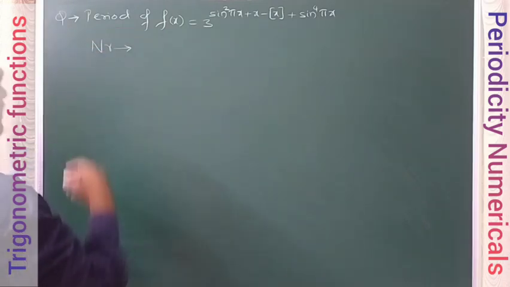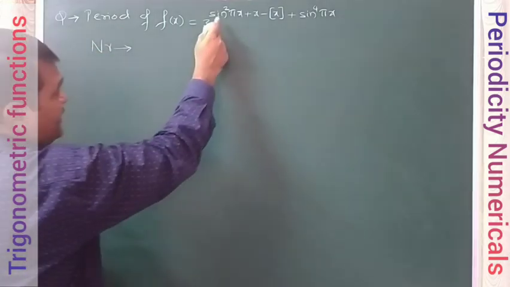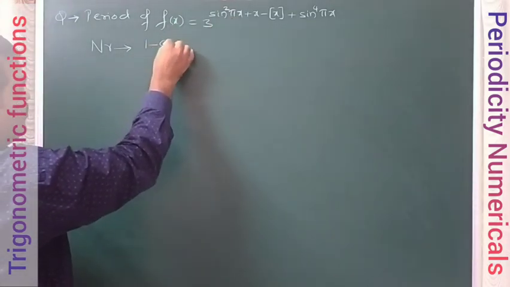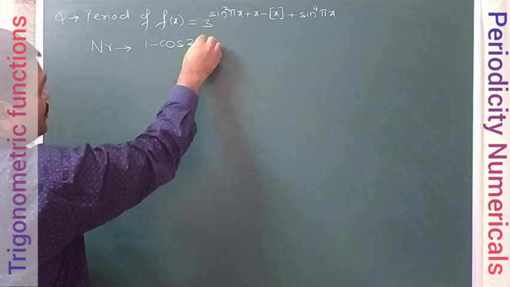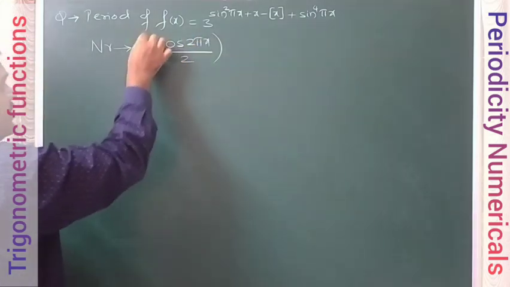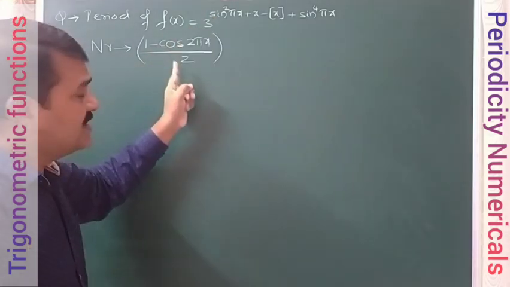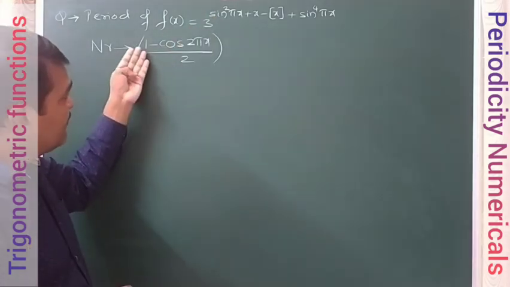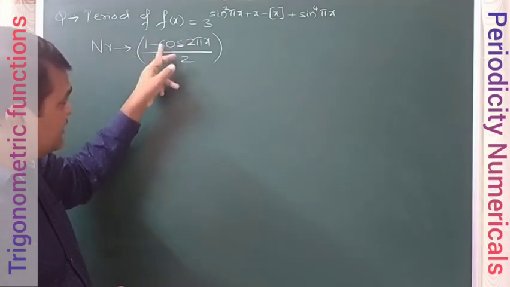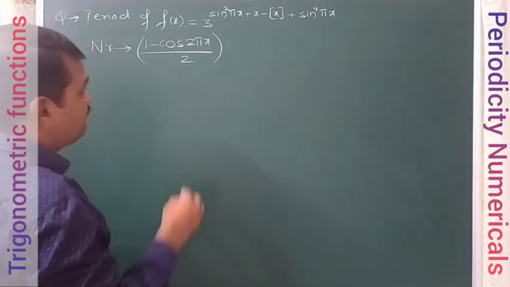In the numerator, sine square pi x can be written as 1 minus cos 2 pi x by 2. Now we can write the period of this function directly, because while finding the period, the constant 1 by 2 is not required, just the function.